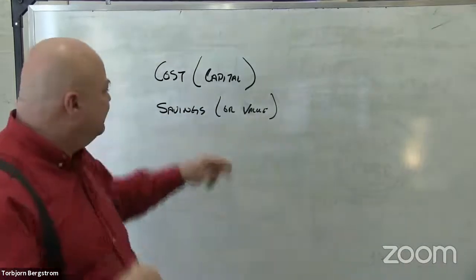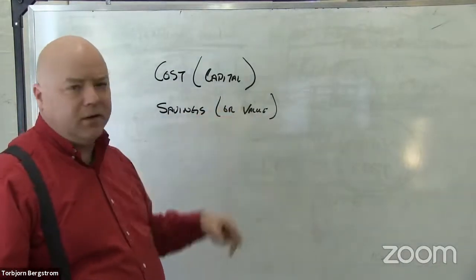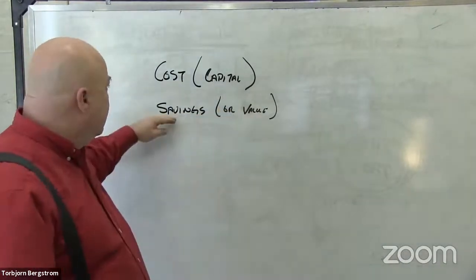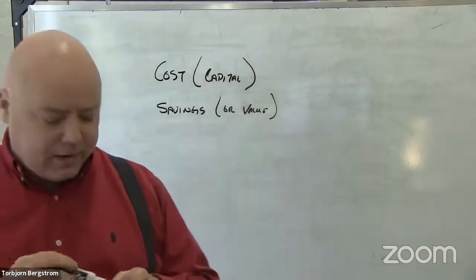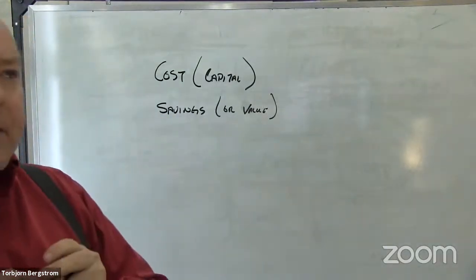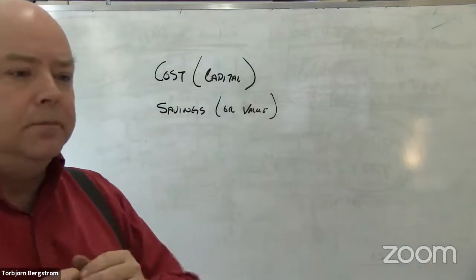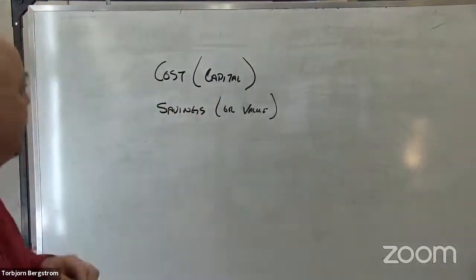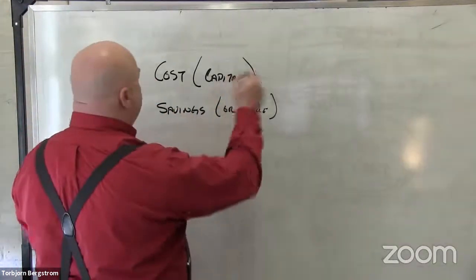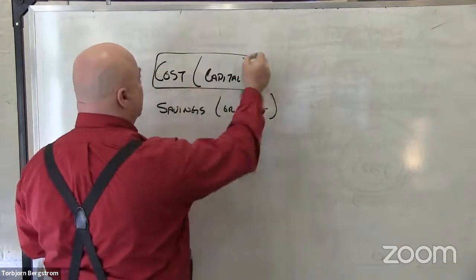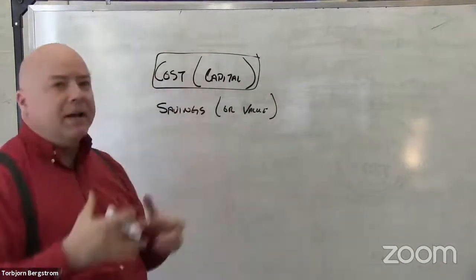It's often very hard to argue the value side up front. Usually we come in with the savings. So the cost to implement has the capital cost, right? So that's the cost to buy the machines.